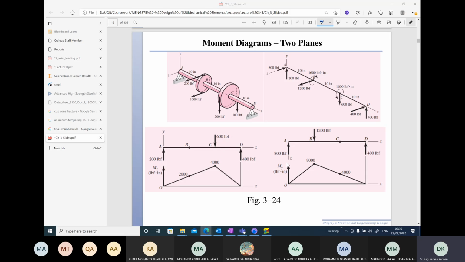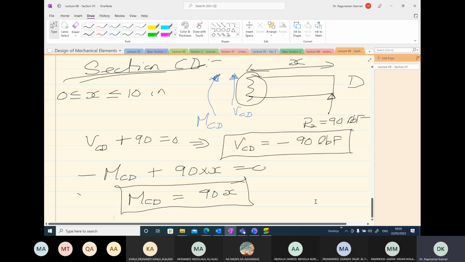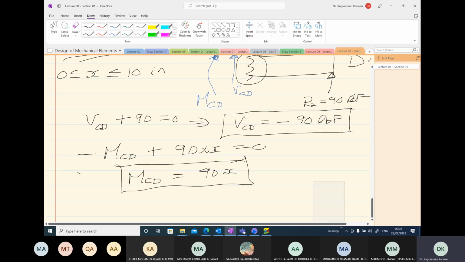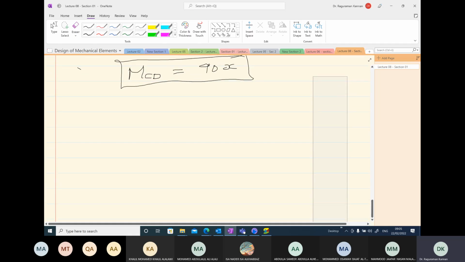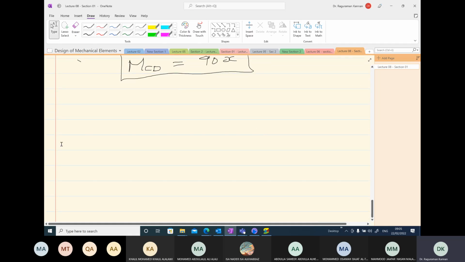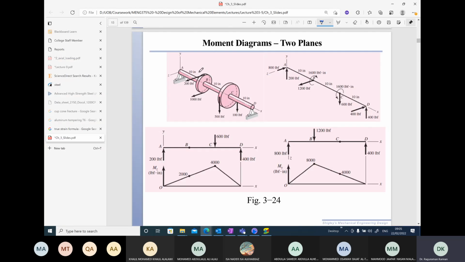It's very simple. We know how to obtain the bending moment diagram. So in the 3D case, I'm going to use the principle of superposition and split the problem into 2 different problems. The first problem I'm going to consider is on the XZ plane. So this is the x-axis and the z-axis.